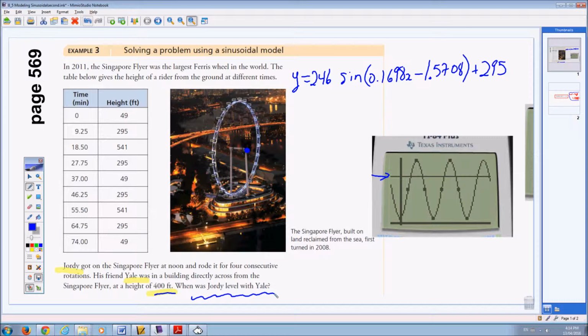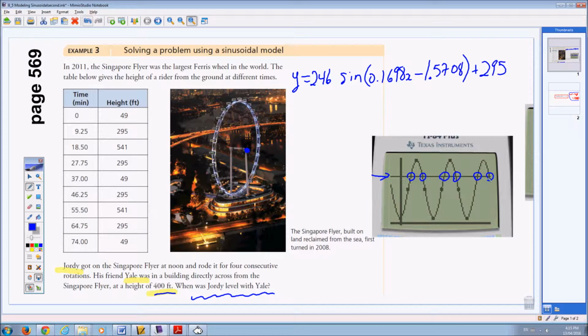So I've put in my line, and I want to know my times. When is Geordie level with Yale? And we can see here that in what my graph shows, there are 6 points when the boys are level with each other. So now we just have to figure out what those points are.